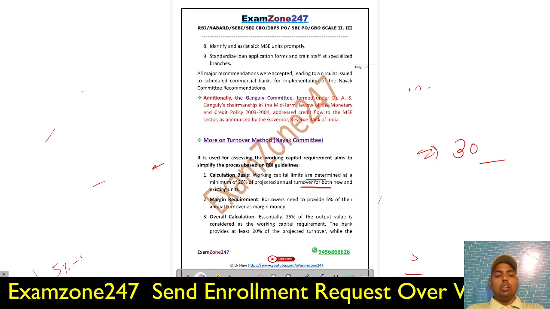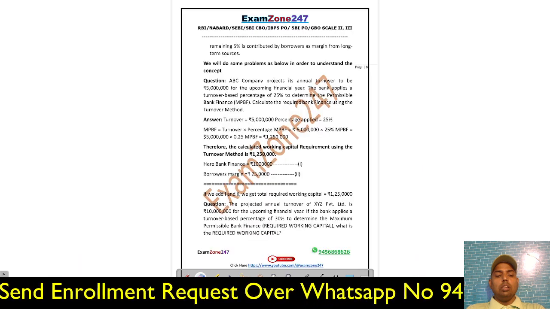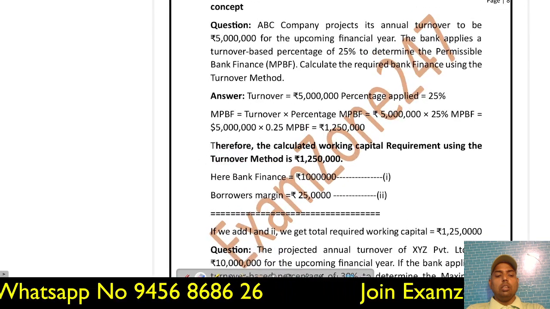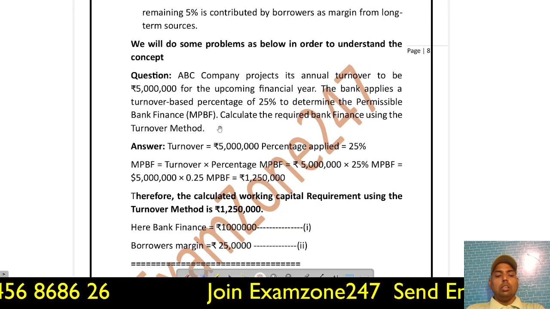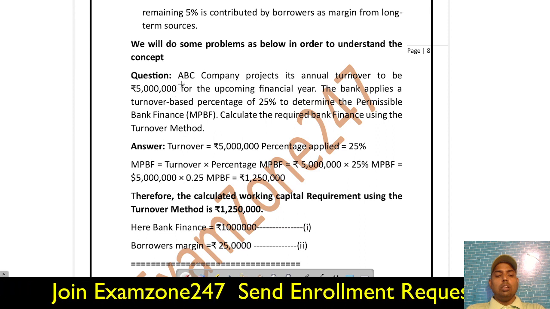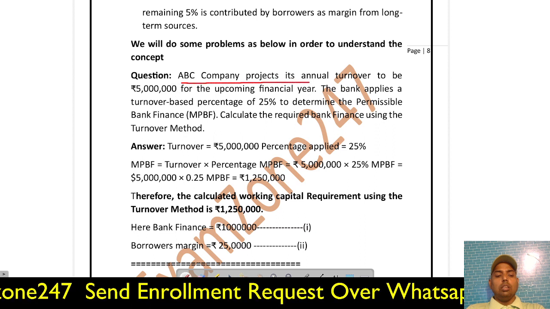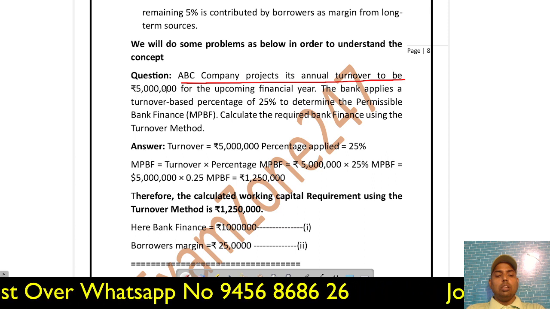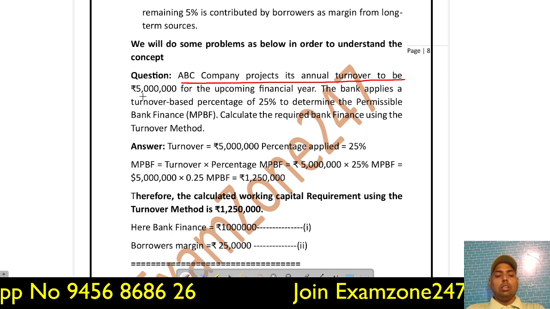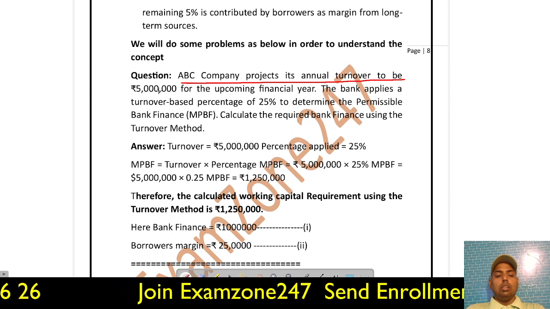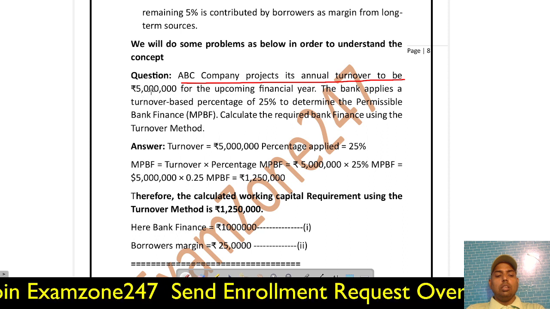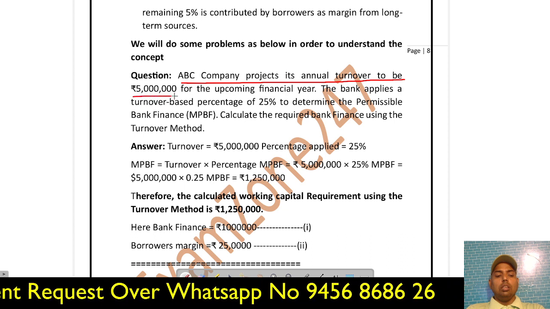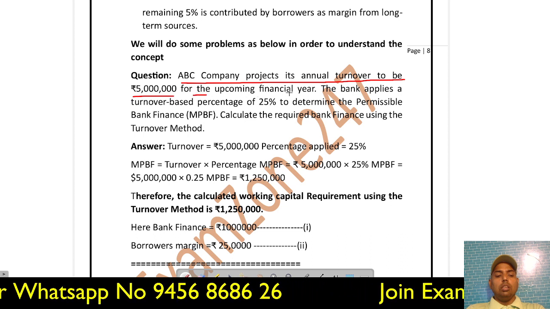Okay, there is a question. See, this question you need to see. ABC company projects its annual turnover to be rupees 50 lakhs for the upcoming financial year.